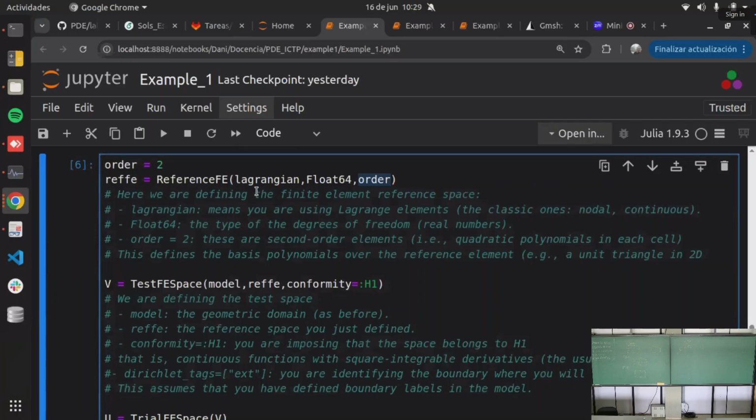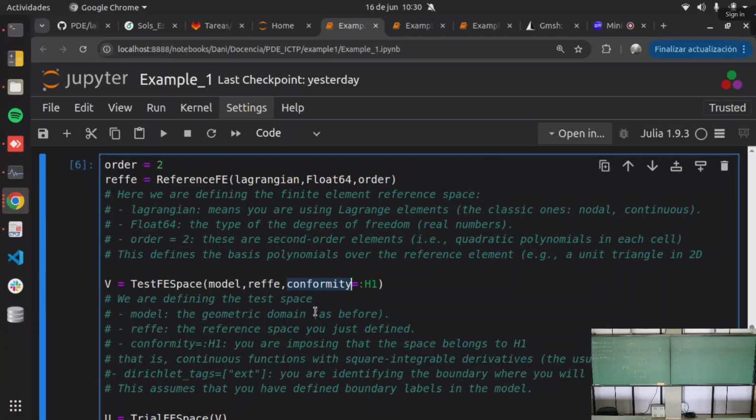And with this space, we have to define the test space. In this case, we have to tell Gridap the model, the triangulation of the domain, the reference space that we already defined, and the conformity that we are imposing between the cell elements.